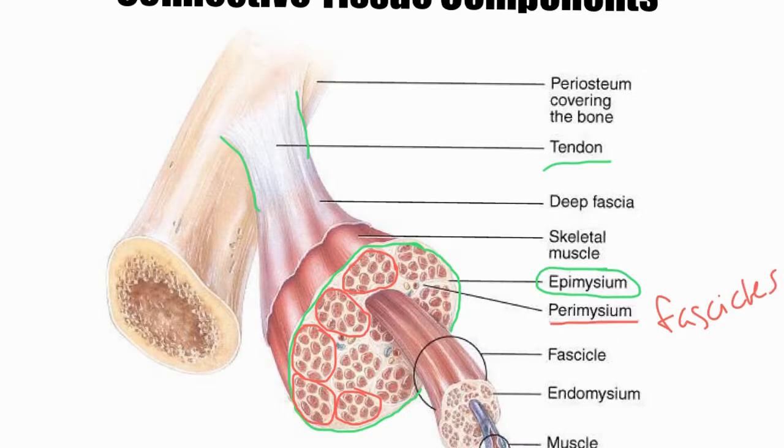And now the most deep. This is each one of these individual muscle cells inside the fascicle. Those are surrounded by connective tissue called the endomysium. So each one of these muscle cells, or muscle fibers, is surrounded by the endomysium.